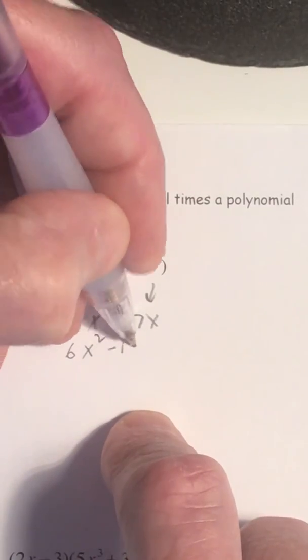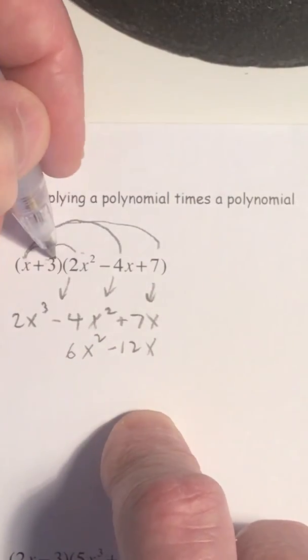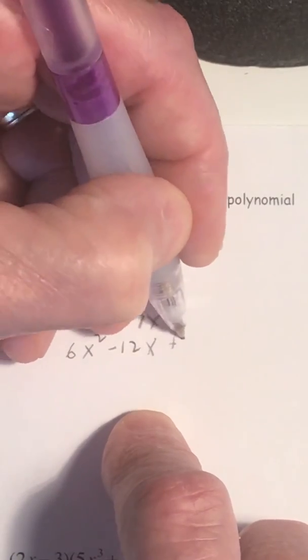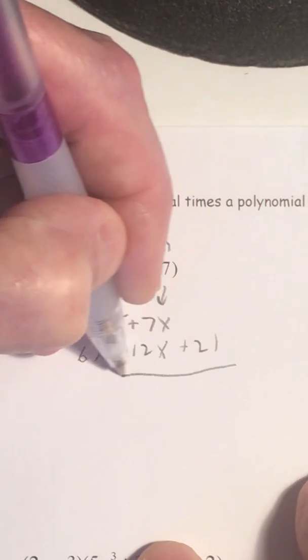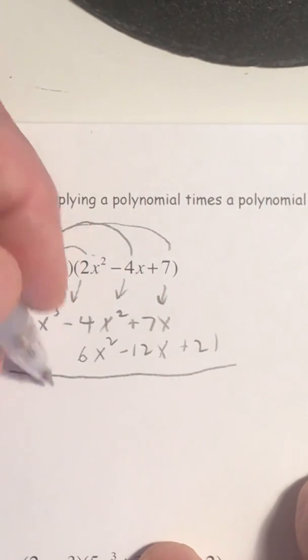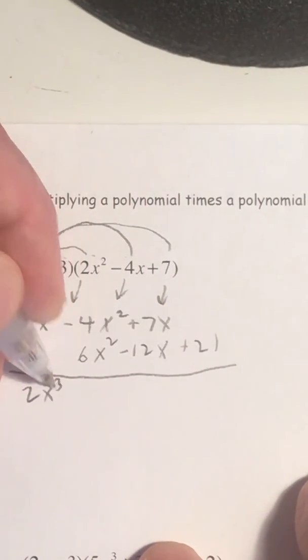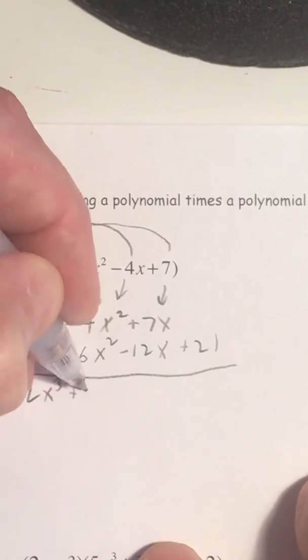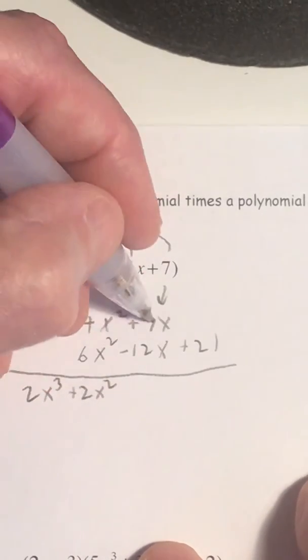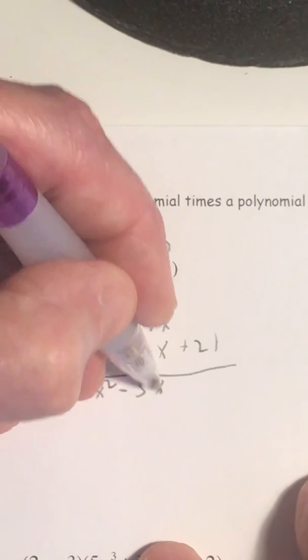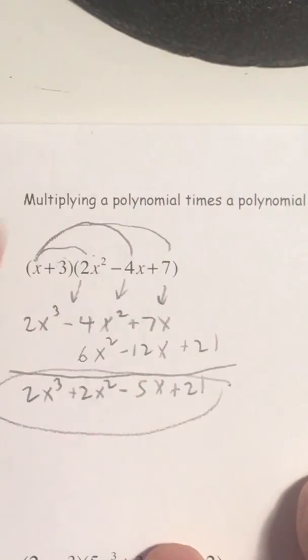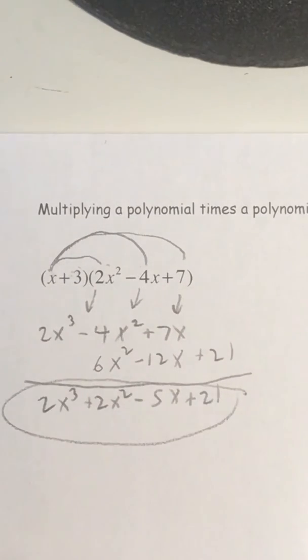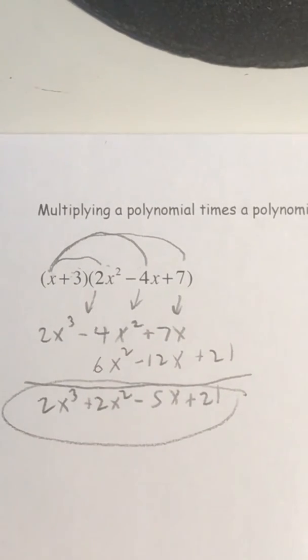Let me put that underneath those x's. 3 times 7 plus 21. And then I can finish up by just adding the columns. I got 2x to the third plus 2x squared minus 5x plus 21. There's my final answer for simplifying that.